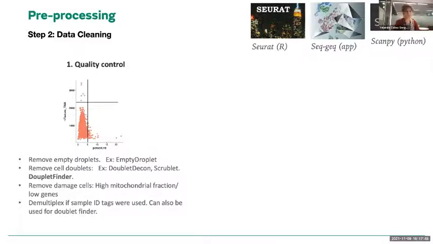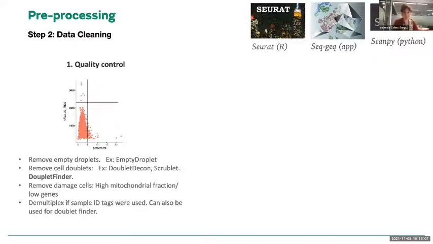And finally, if you have chosen to use sample ID tags, where you have tagged different samples within the same run, you will have to do demultiplexing.